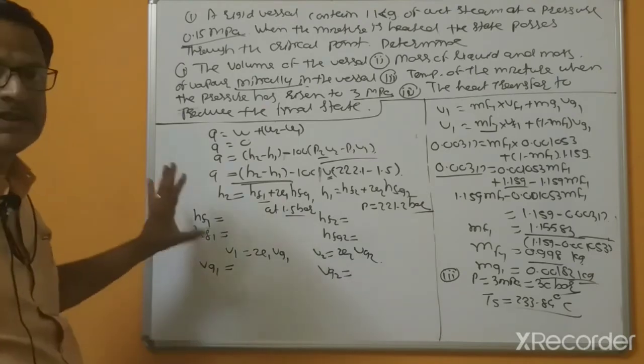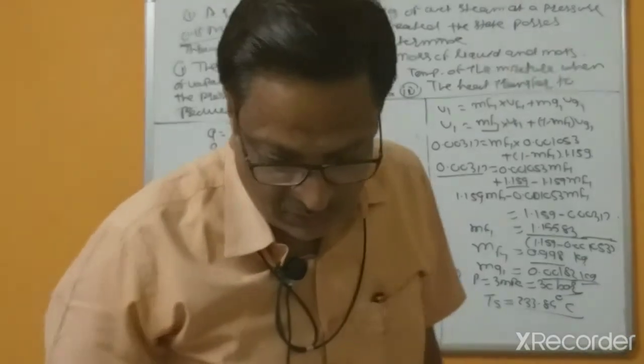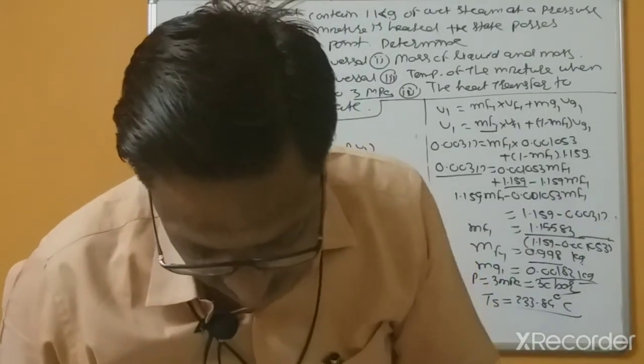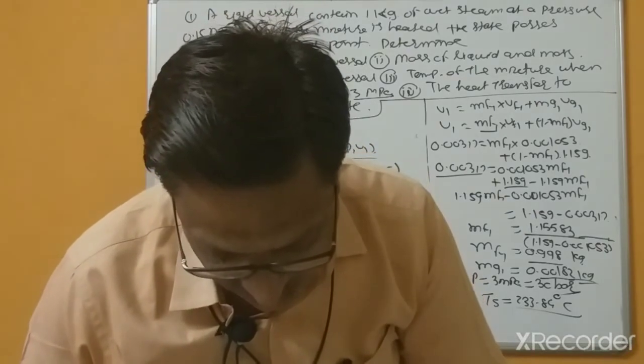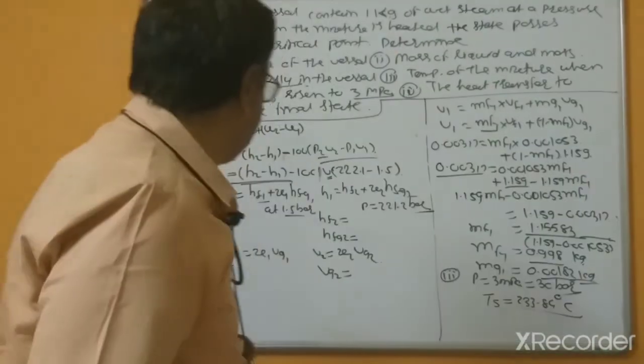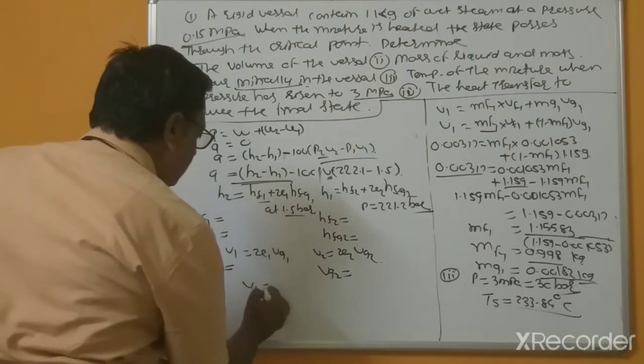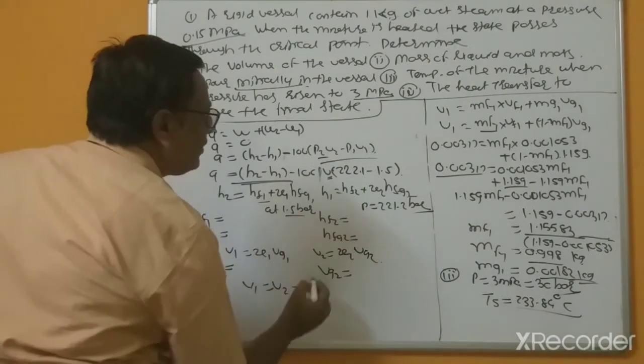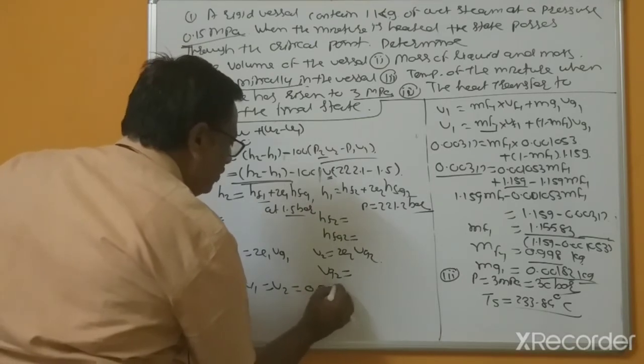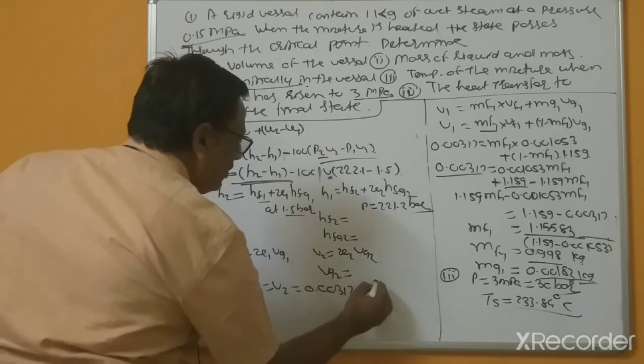So these 6 properties about the steam we require by using steam tables, and V1 equal to V2 equal to 0.00317 meter cube.